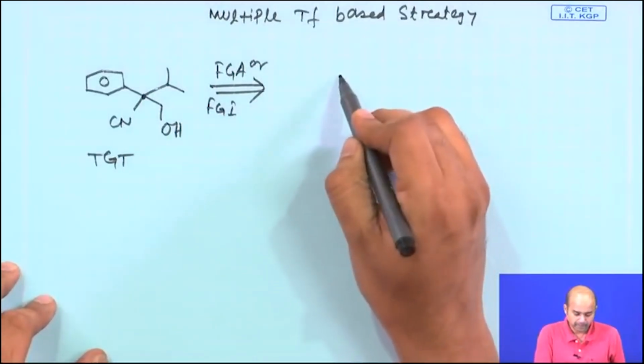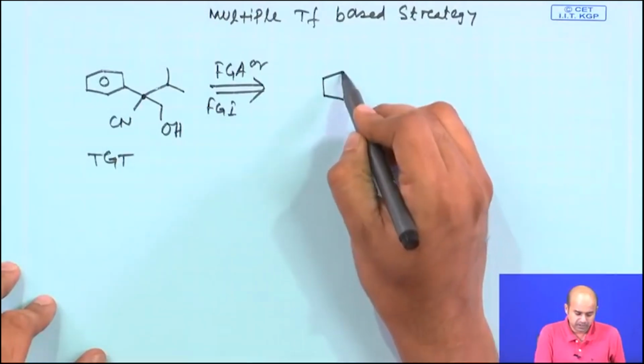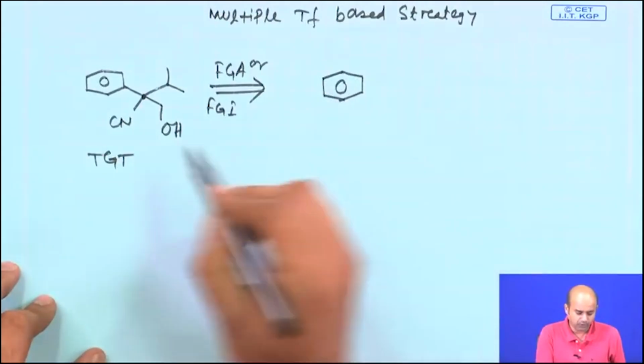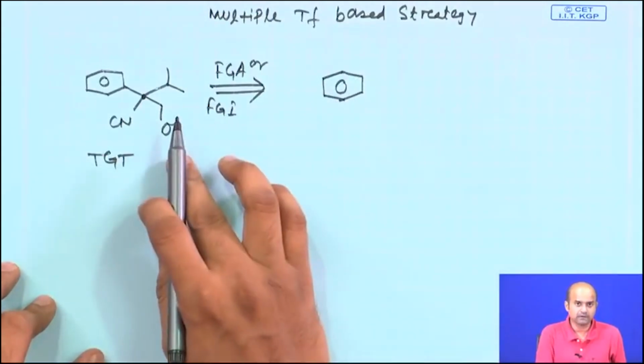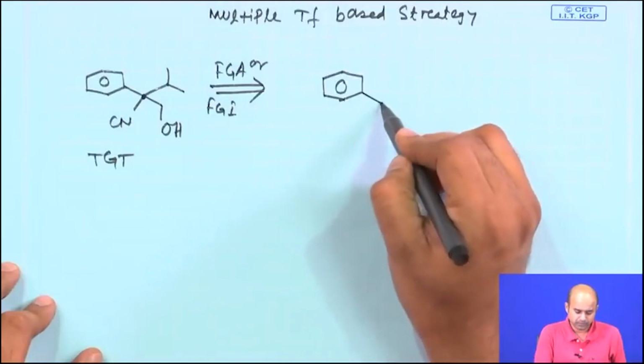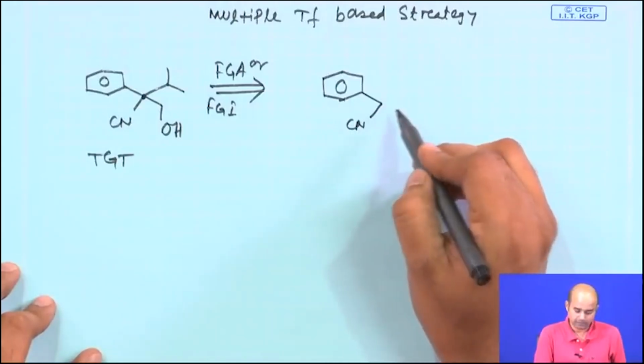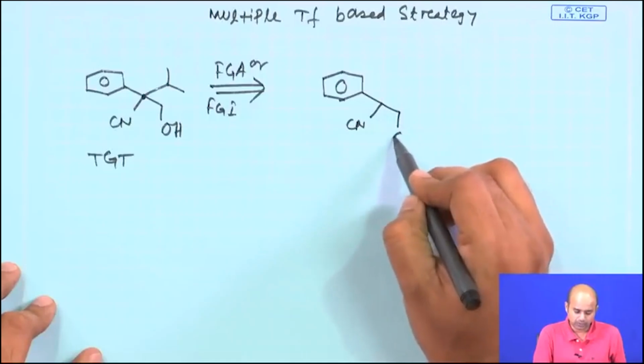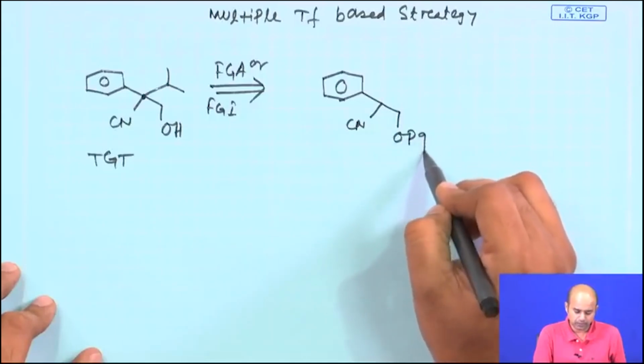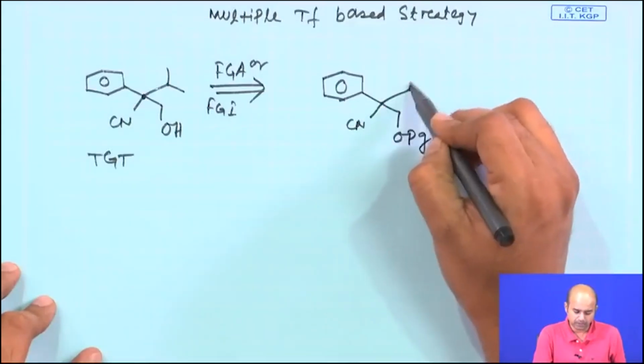Now, what do we try to do? If we find an alcohol in the target molecule, it means that the alcohol needs to be protected. Normally we have not discussed alcohol protection, but we will do it a little bit later on.